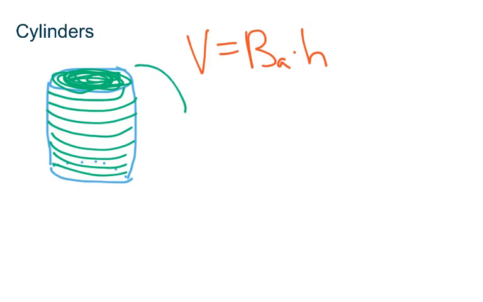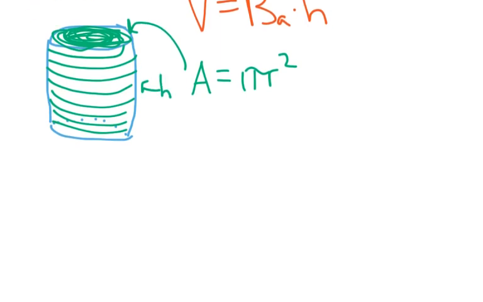So if we could find the area of that, that'd be great. And since it's a circle, it's just going to be equal to pi r squared. And then we're just going to have to multiply by its height. Now, just to kind of show you a slightly different look, sometimes, I'm not the best artist, so don't make fun of me for this. If it's on its side, like if it's knocked down, it could look something like this right here.